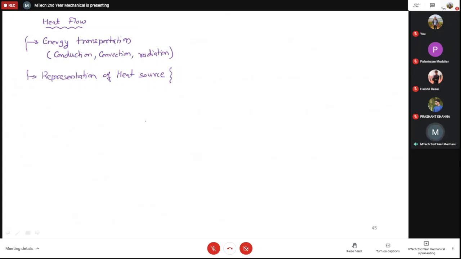This is a main stage, and a lot of empirical or mathematical expressions are available in the literature to represent the heat source. People have worked a lot on this. Once you are able to represent the heat source, then half of the work is done. Now, how can we represent the heat source?